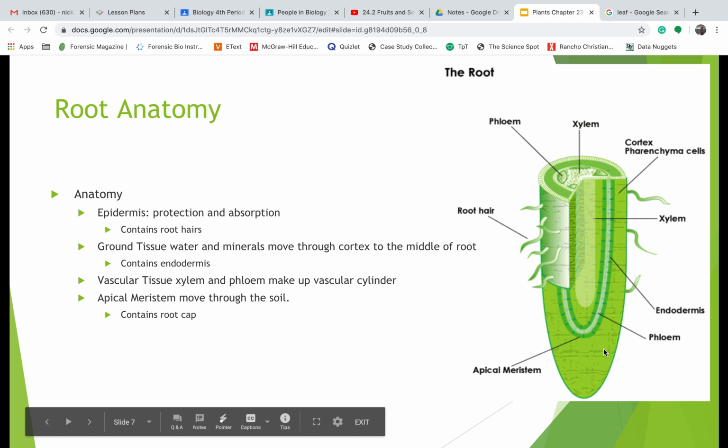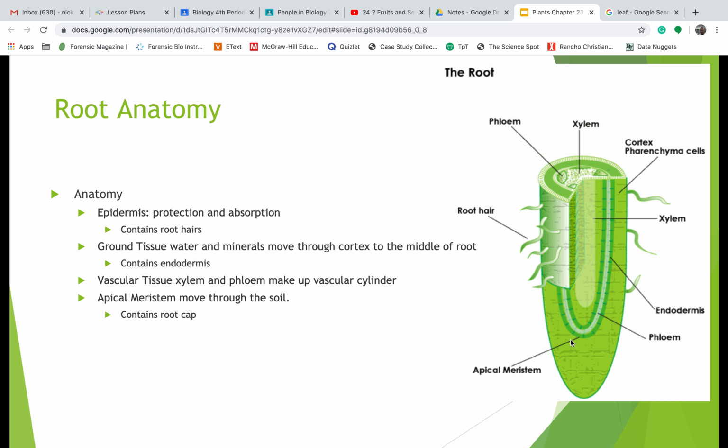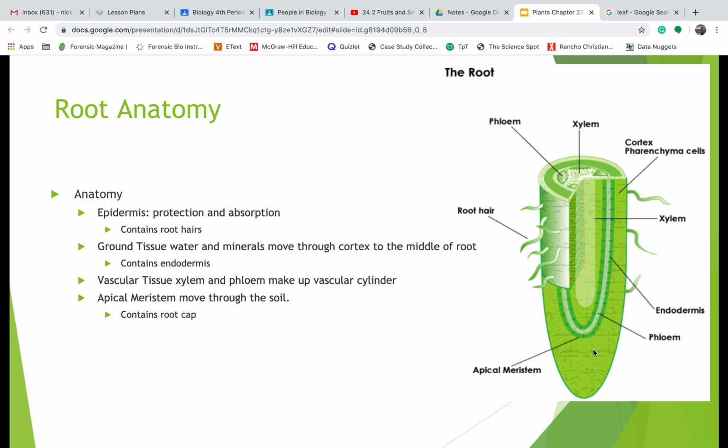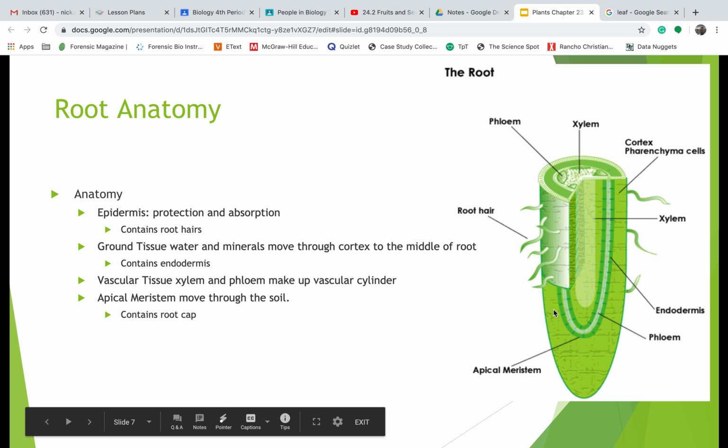So it's going to store these nutrients in order for a plant to continue growth during those dormancy periods, when it's not growing but it's not dead. So the ground tissue is there. You'll see these cells with very large vacuoles, which makes sense because they need a lot of storage in the vacuoles, which is what is going to be used for storage.